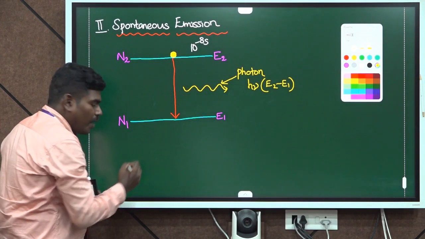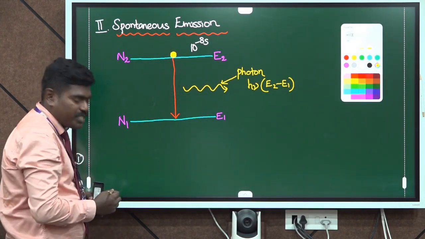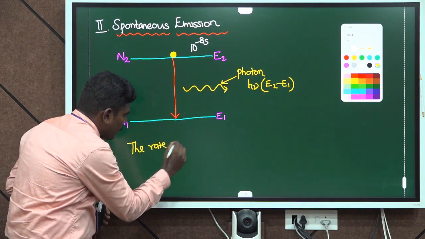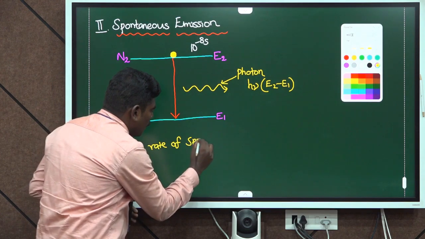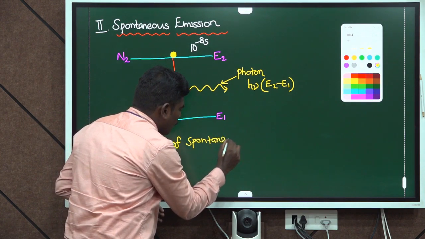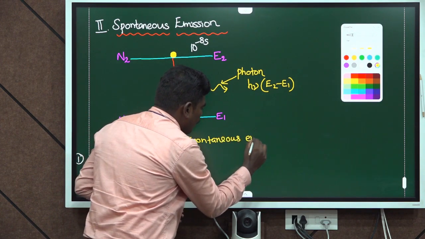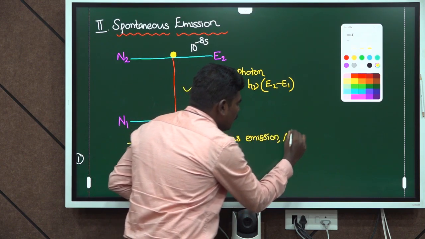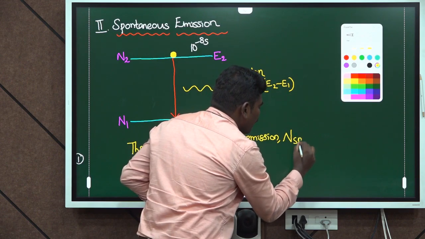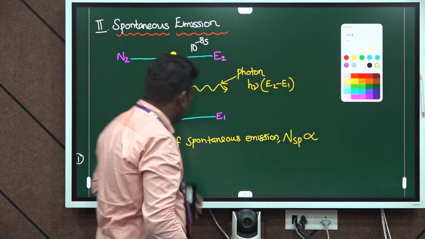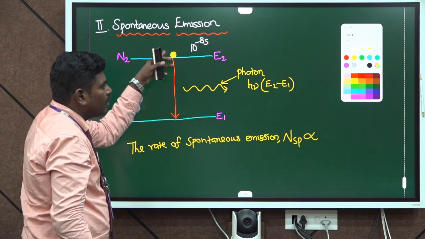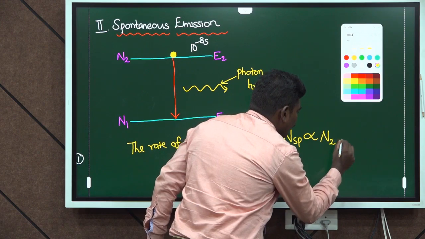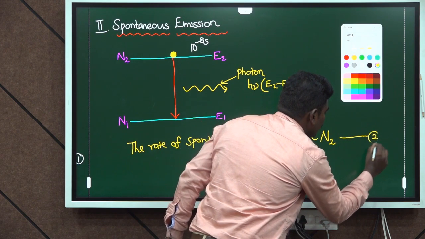Next, we write the rate of spontaneous emission. NSP is directly proportional to the number of atoms in the E2 energy level. So this is equation number 2.